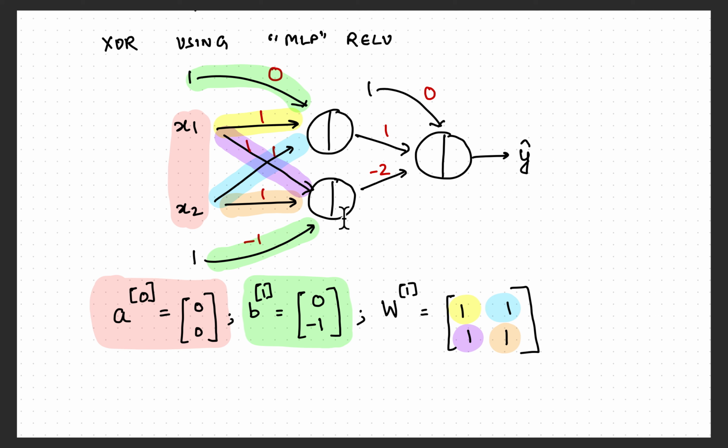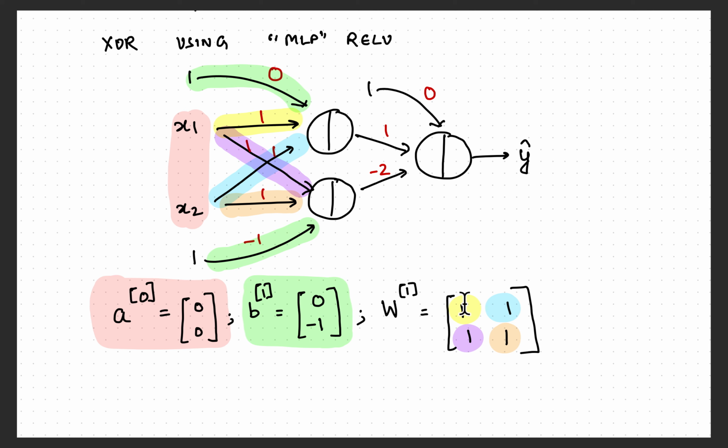And then let's look at the weight matrix. If you remember, for the weight matrix, first we put the weights coming into the first node as the different columns in the first row. Yellow is the weight corresponding to the first input coming into node 1 of layer 1, and blue is the second input coming into node 1 of layer 1, right?